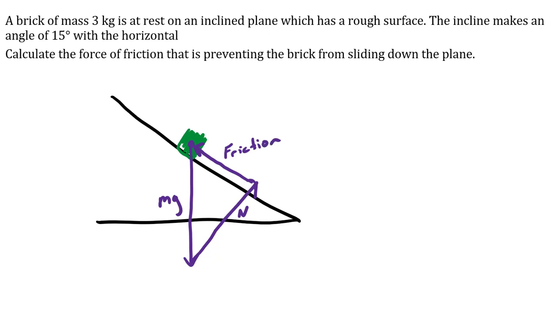My angle here is the same as this angle here, which is 15 degrees. So now I can do some maths. I know that sine 15 is equal to the opposite over the hypotenuse, so the friction divided by mg.